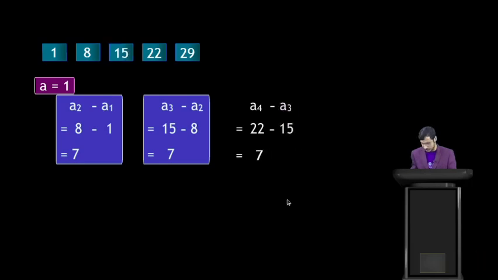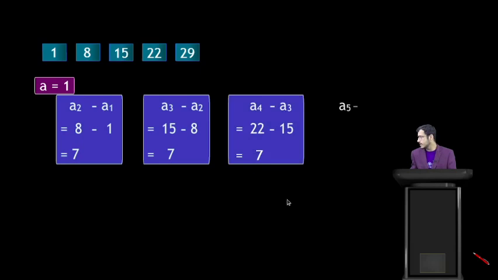You can see the common difference between the two consecutive terms is the same here. A5 minus A4: 29 minus 22, that is equal to 7 here. So the difference between two consecutive terms is the same, 7, 7, 7, 7. That means 1, 8, 15, 22 and 29, this series is an AP.